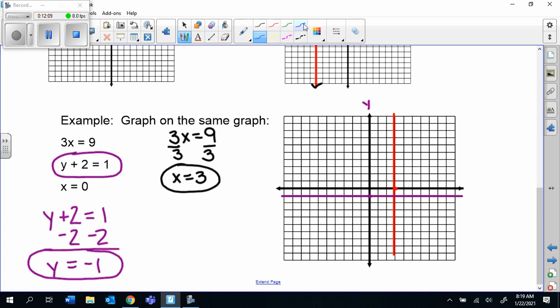And then I included one with 0 because sometimes that is confusing for students. Where is the line x equals 0? It's going to be vertical, so we know it has to be a vertical line, and we are not going to go left or right any. So the line x equals 0 is actually the y-axis.